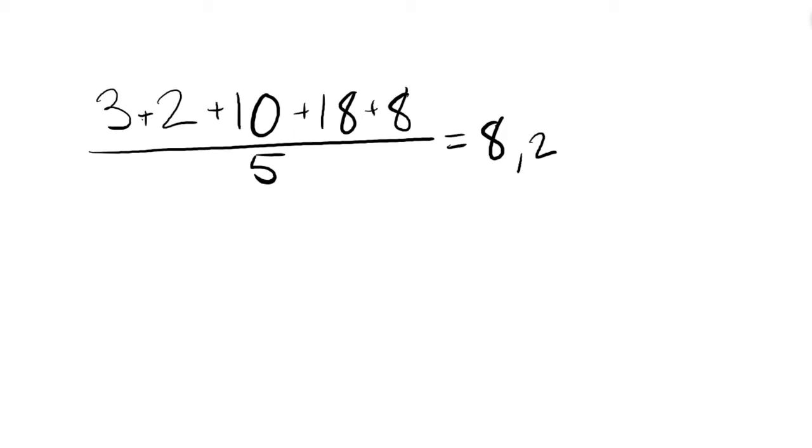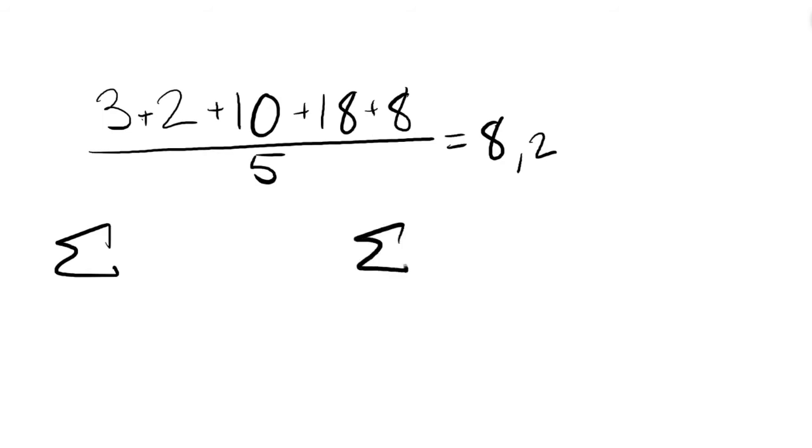So if we want a more general formula, in an earlier video I explained this symbol, the sum, and that is what we're gonna use. Because if we look up here, we have sum of the 5 numbers.